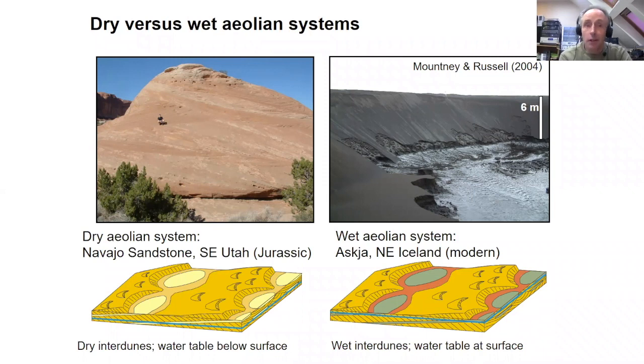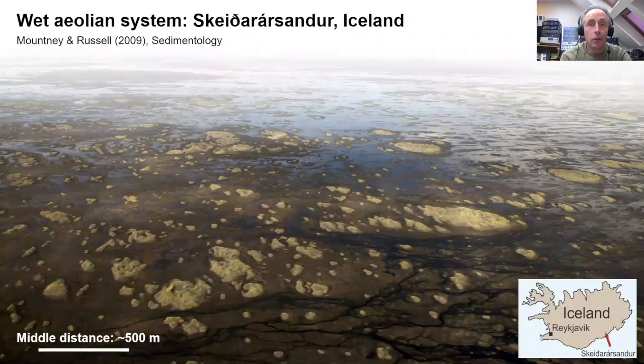And so wet Aeolian systems, if you're not used to looking at these things, are somewhat unusual. Here's another example from Iceland. This is Skíðasárdar in southern Iceland, and it's a very wet delta plain. It's the largest wave-dominated delta in Europe. Much of that delta plain, despite being very wet, with the water table clearly at or above the surface, nevertheless contains Aeolian dunes that form entire dune fields.